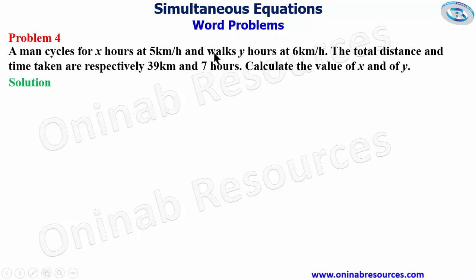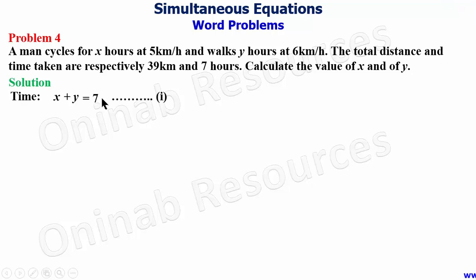which means x hours plus y hours gives 7 hours. So that will lead us to form our first equation. We have the time, that is x plus y is equal to 7. Call this equation 1. Then we are given the distance, the total distance traveled. Since the total distance traveled is 39 kilometers, we calculate the distance for cycling and the distance for walking.